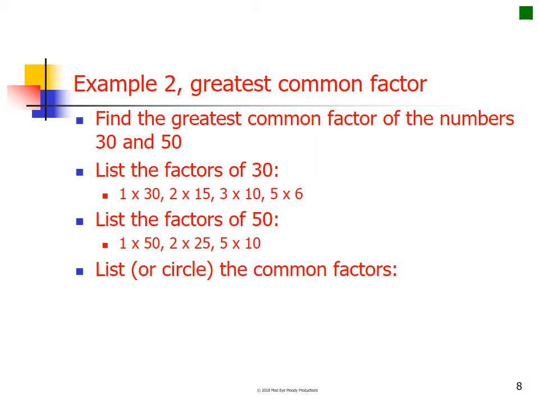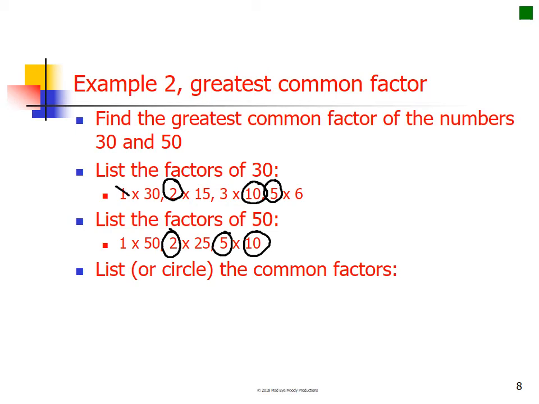Now, once you've already listed your factors, you can make the choice to just circle the common factors, or you can rewrite them in a list. So if I look at my two factor lists, I see the number 2 on both lists, and I see the number 10 on both lists, and I also see the number 5 on both lists.